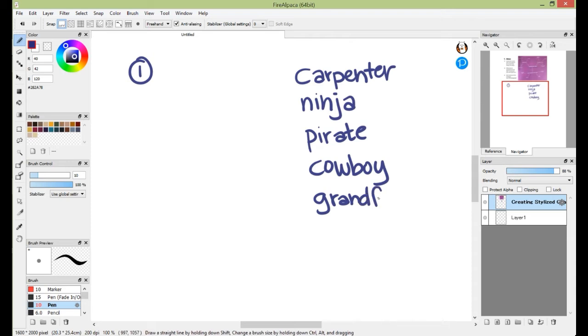A grandfather has visual information that goes along with this word. So you already know it's male, an older male, probably going to wear more old-fashioned clothes, probably going to have a little bit of a hunched posture or gray hair, something like that. So you already start getting visual ideas from just the word grandfather.